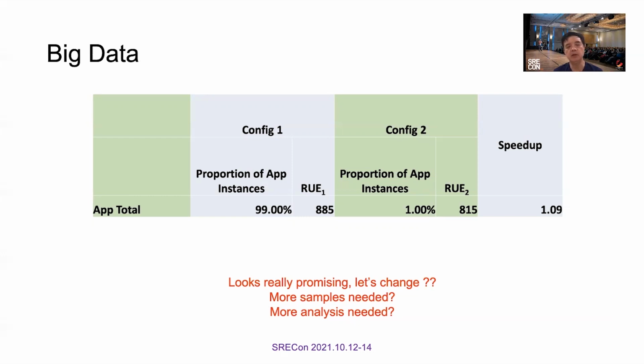And remember, the lower the value, the better the performance. That is indicated by the speedup on the right. So it looks like by applying this change from configuration 1 to configuration 2, we get a speedup of 1.09. This looks very good. Should we apply that?